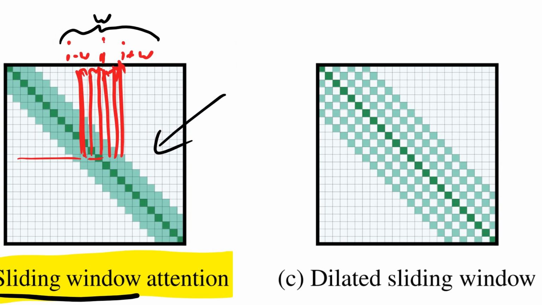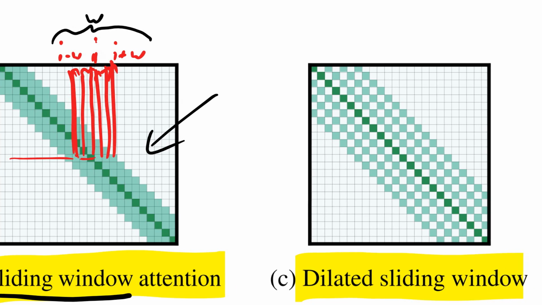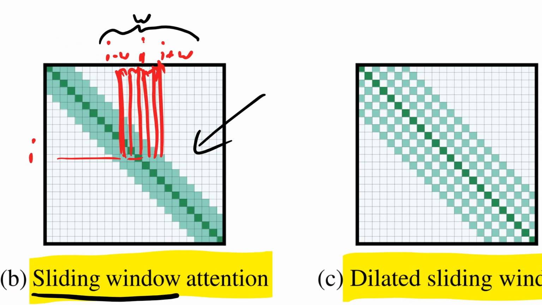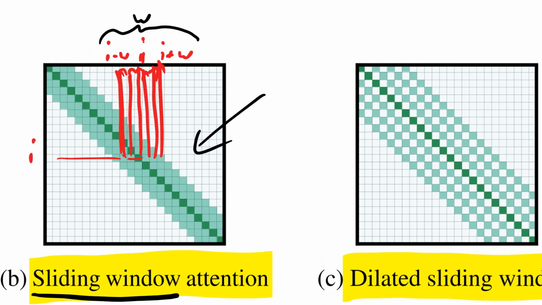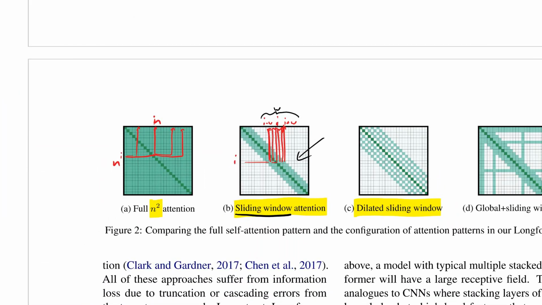Now the second core component is they expand on this idea in that they create these dilated sliding windows. Now you already know what a sliding window is. Now they're saying, well, if you have this sliding window, it might take quite a number of layers to get your attention of the entire sequence incorporated.